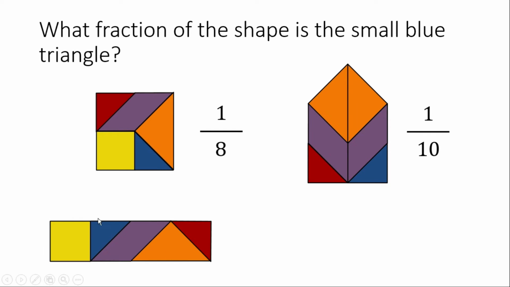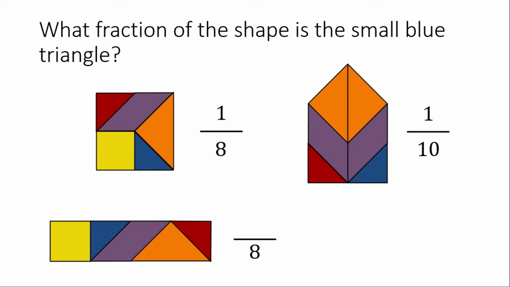What about the one on the bottom? Well, let's go from left to right. So the square is 1, 2 small triangles, 3, 4, 5, 6, 7, 8. So 8 pieces altogether, just like the one on the top left.